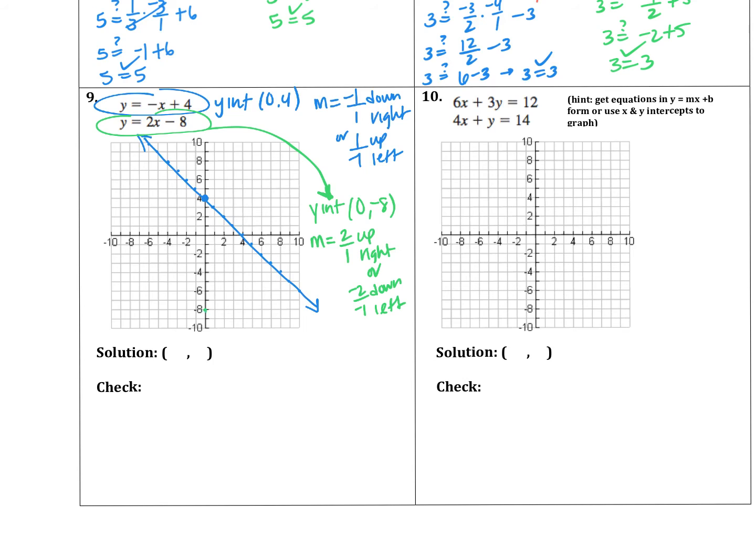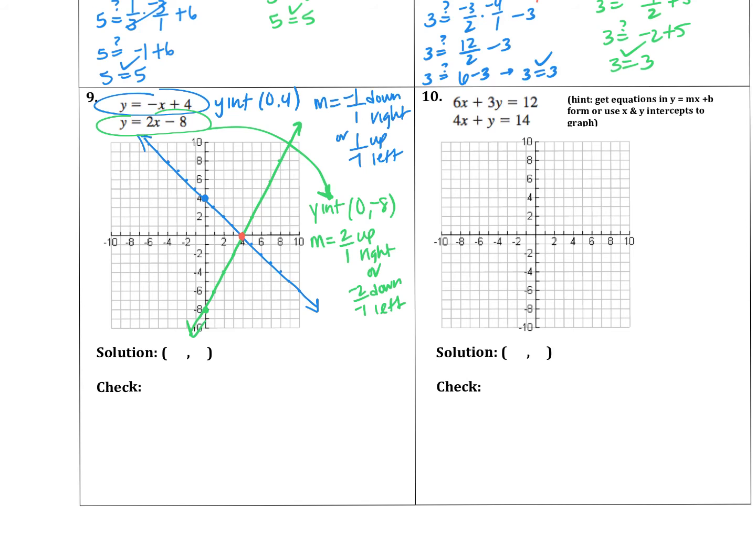So (0, -8), and I'm going up 2, right 1, up 2, right 1, up 2, right 1. And I'm going to just go the entirety of the graph until I can't anymore, and I'm going to connect as straight as possible.